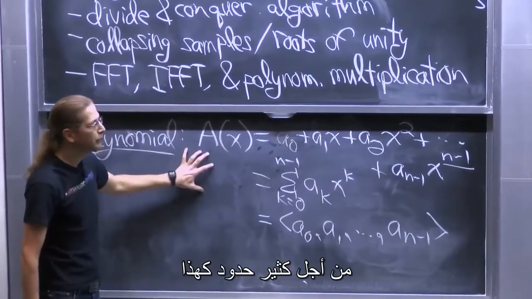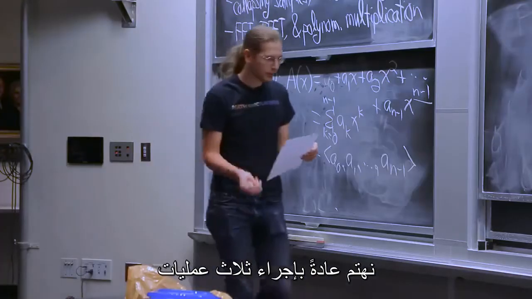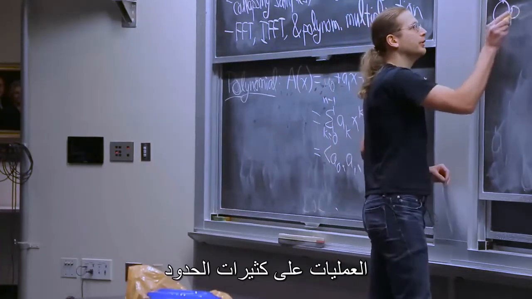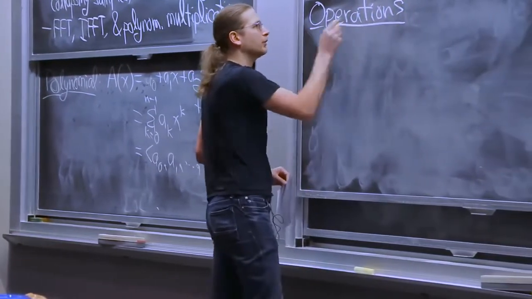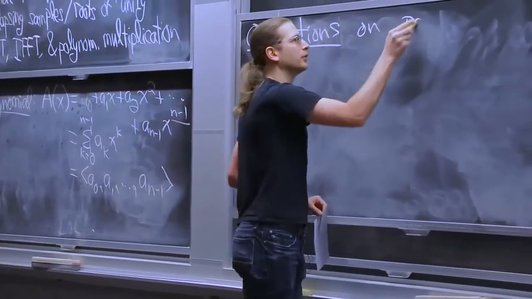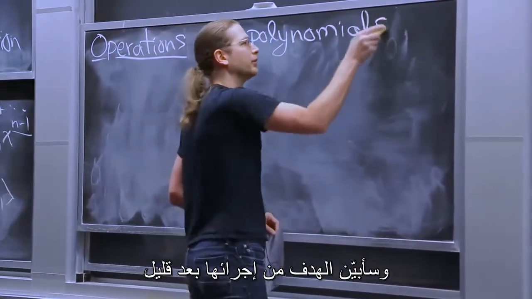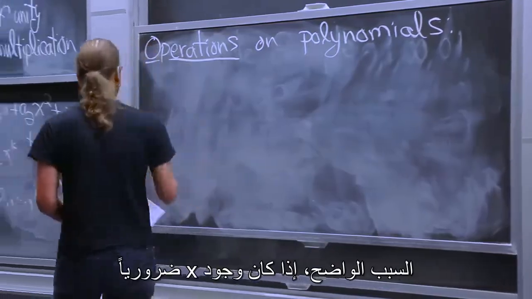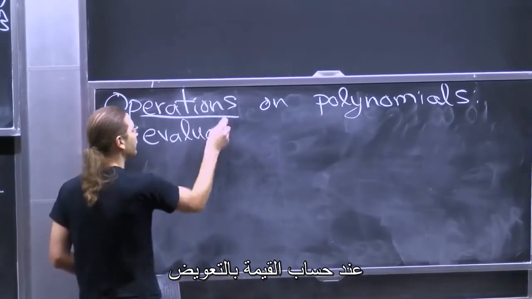Okay, now, given such a polynomial, there are three typical things we want to do. So these are the operations on polynomials. I'll say why we want to do them in a second. So the obvious one, if you do care about x, is some kind of evaluation.